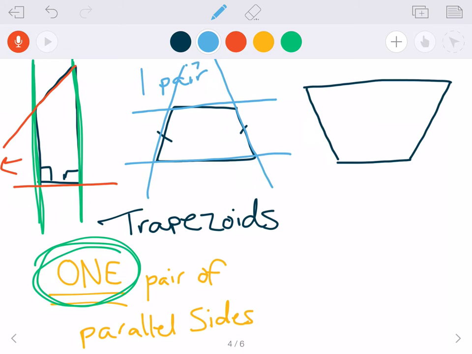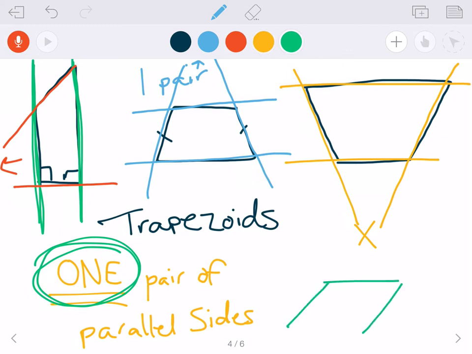So there's your one pair. If we look at the other one, those two sides will cross eventually up top. Lastly, same idea here. If I extend these two forever, they will cross. But if I extend these, those two will never cross.